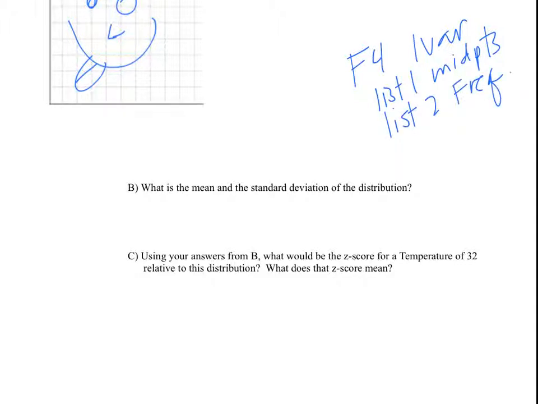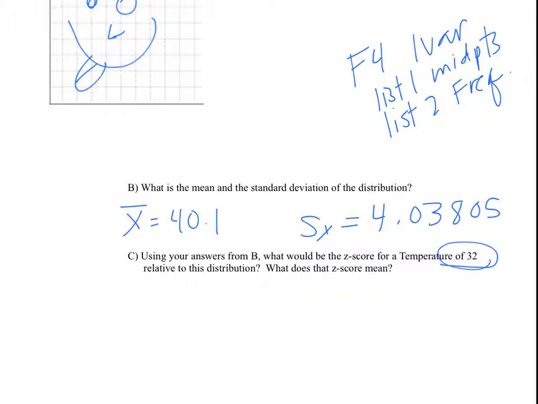The mean you're going to get is 40.1. The standard deviation you're going to get is 43.805.